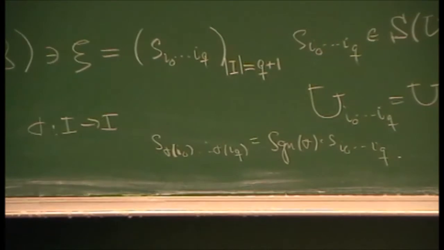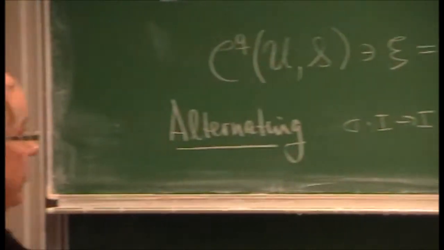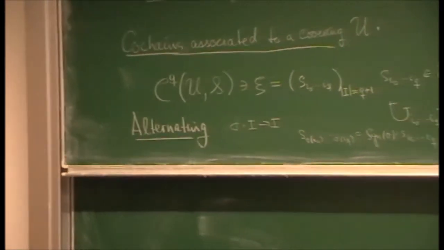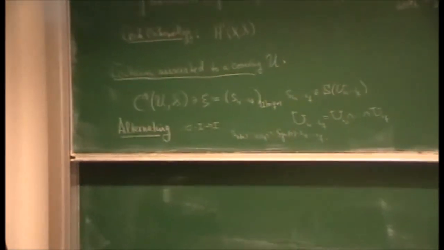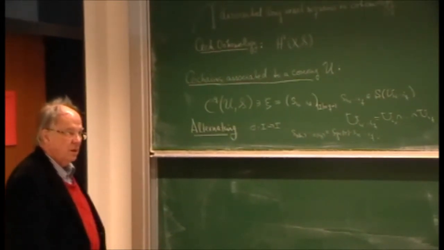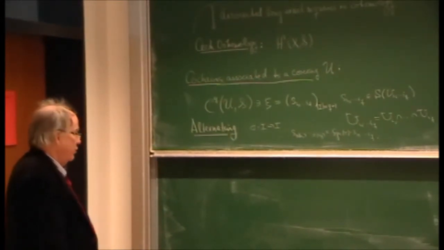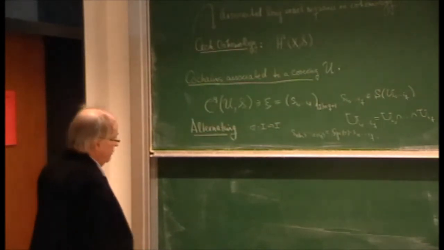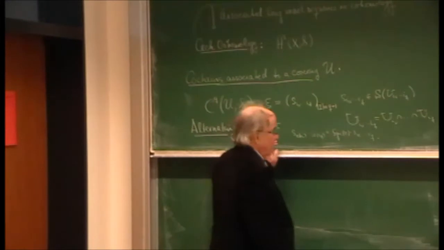So we want to do alternating Czech cohomology. It's just the right thing to do. Okay. Sorry about this, but that's what it is. To every intersection, you have some section. And we should keep in mind we're trying to glue these things together if we're lucky. And so it's a very natural thing to think about.